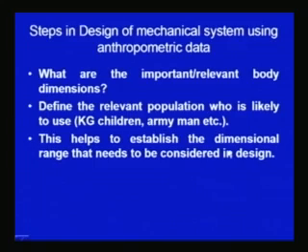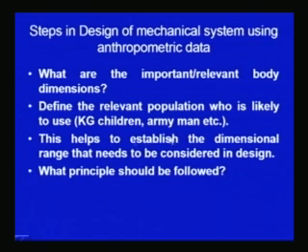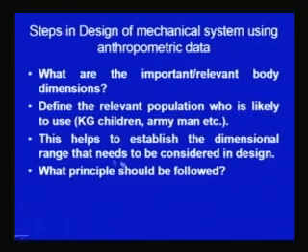Defining the population helps to establish the dimensional range that can be considered in design. And once the anthropometric data about the targeted population has been received, and the average and the dispersion of the data has been obtained, what principle is to be used is decided.